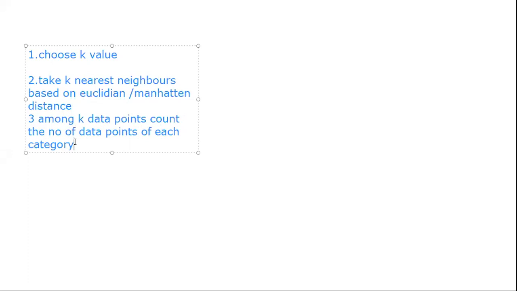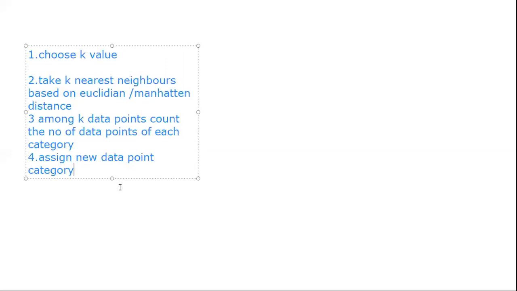After that, among the k data points, we need to count the data points of each category. After that, assign the new data point. The fourth step is to assign the new data point category based on the maximum count obtained category. So these are the different steps to follow throughout this algorithm.